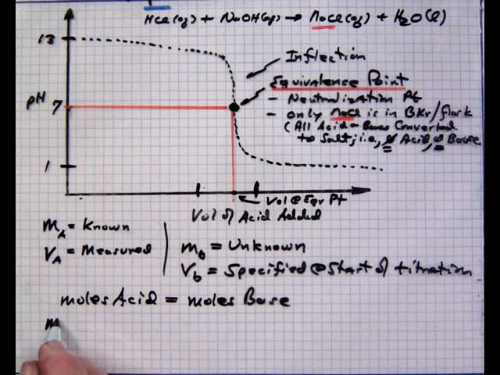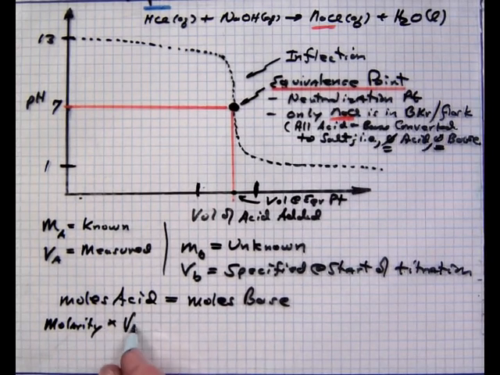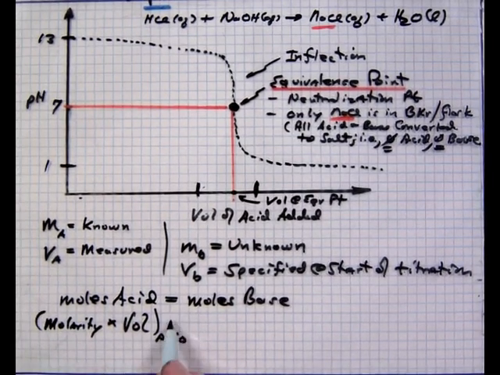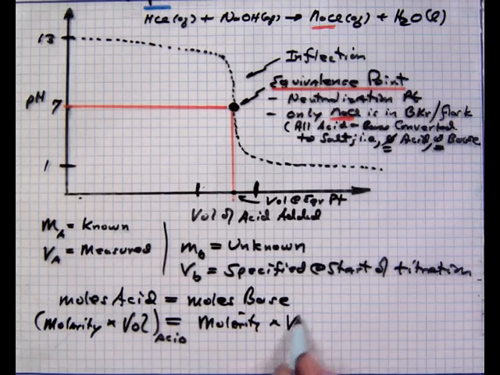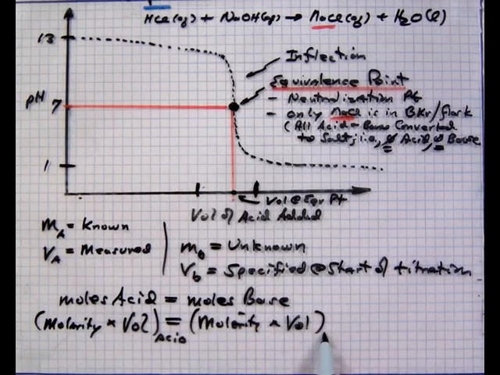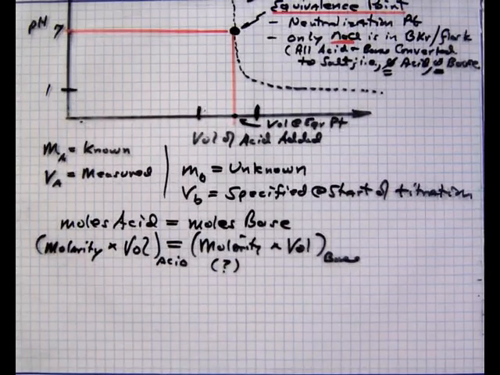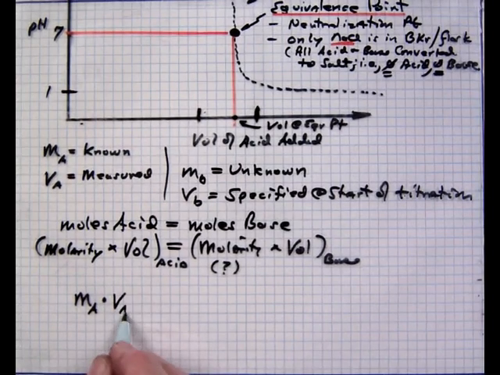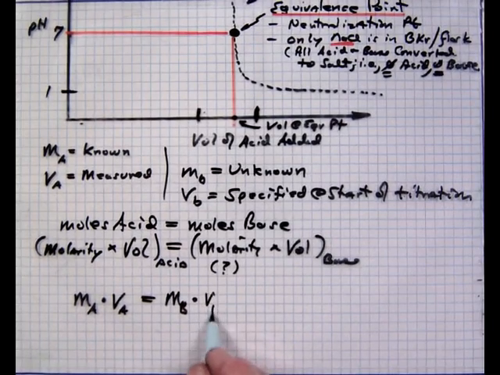Moles is molarity times volume of the acid, and that is equal to molarity times volume of the base, and this is the only unknown now. So we can set up a simple equation: molarity of the acid times the volume of the acid equals the molarity of the base times the volume of the base.